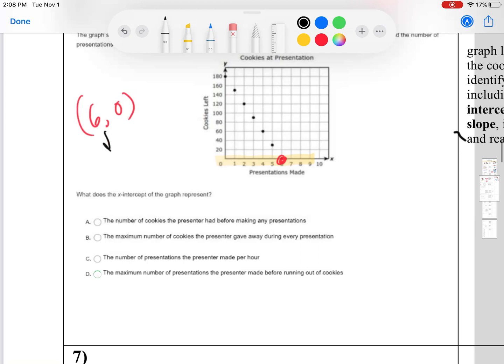So the x's are talking about presentations, and the y's are talking about the number of cookies that we have left. So what this is saying is that after 6 presentations, we have 0 cookies left. So it's the number of presentations, the maximum number of presentations before we run out of cookies.